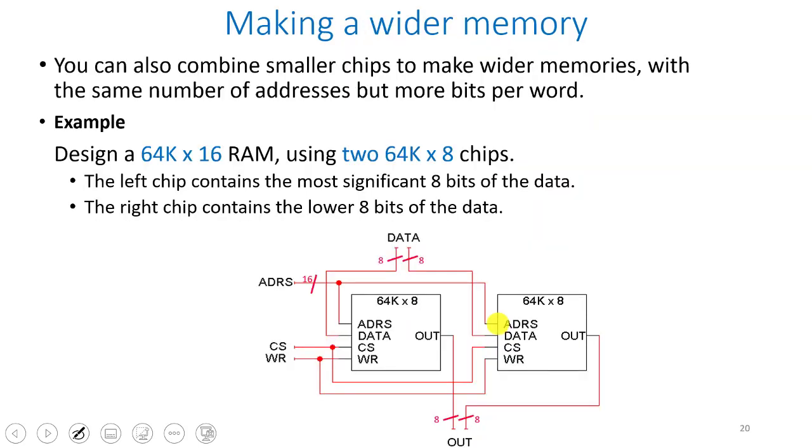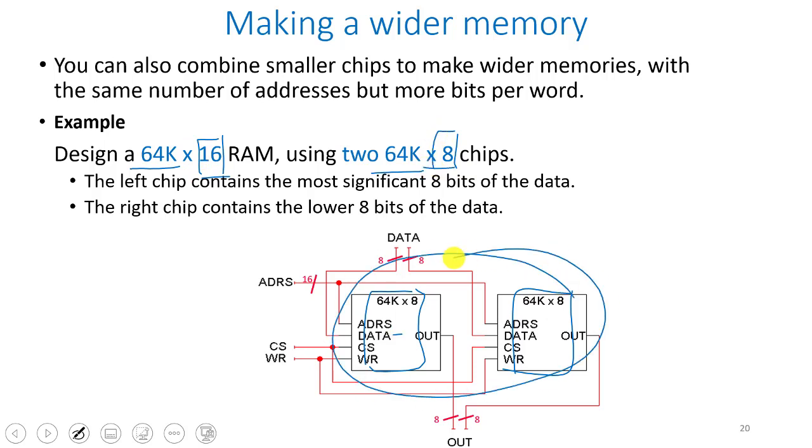If you want to expand, so if I have 64K, it means I need 4 64Ks connected beside each other. Now my design needs 16, and here I have 8. 16 by 8 is 2. This means I need 2 of these over here, connected in parallel.